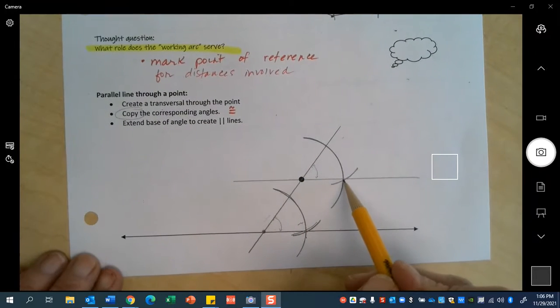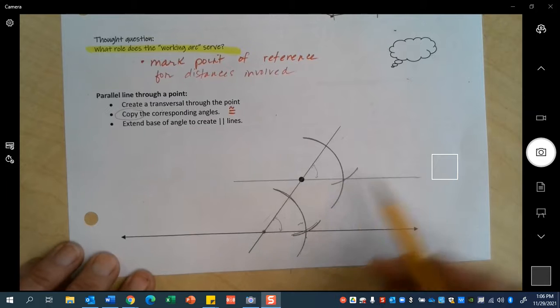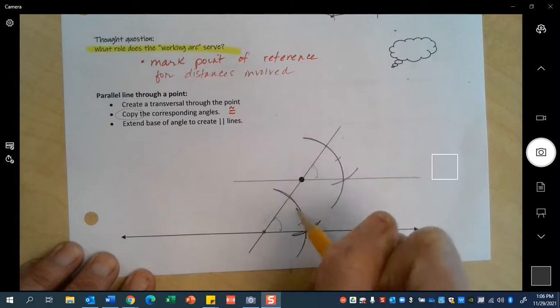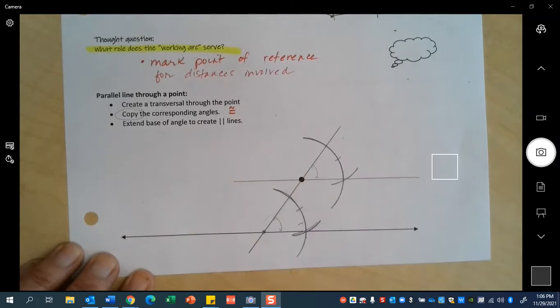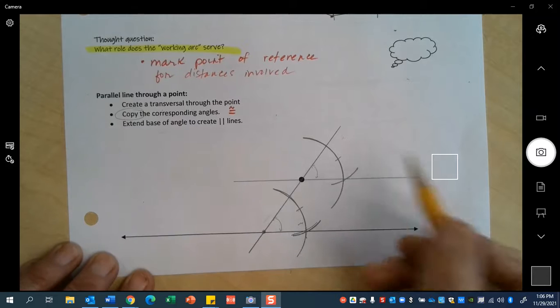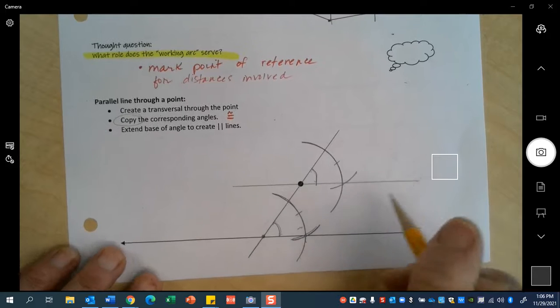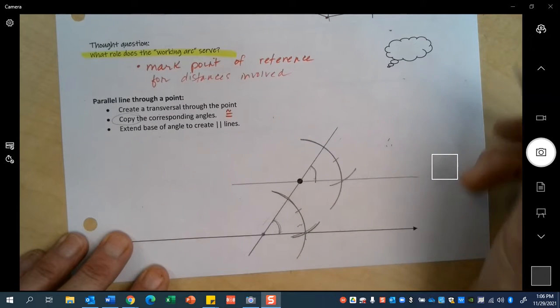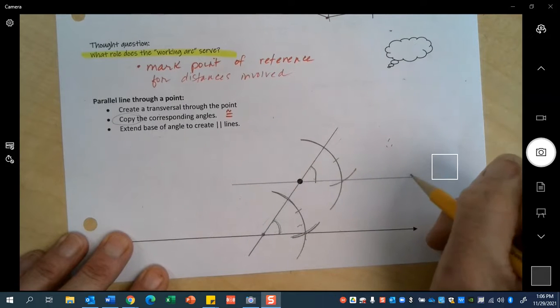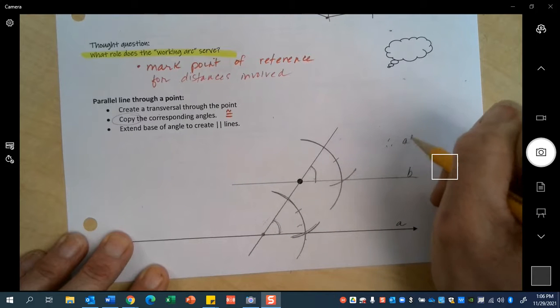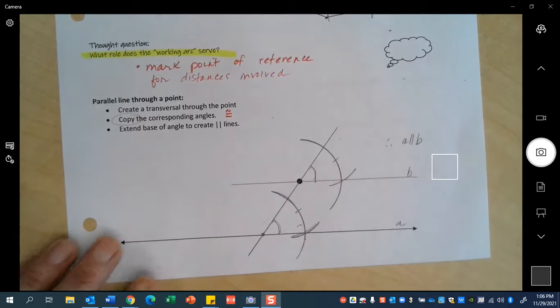This intersection here tells me at what point these two angles are going to wind up congruent. Because my corresponding angles are congruent, then I know, therefore, the lines are parallel. And I can name them line A and line B. I can say, therefore, A and B are parallel.